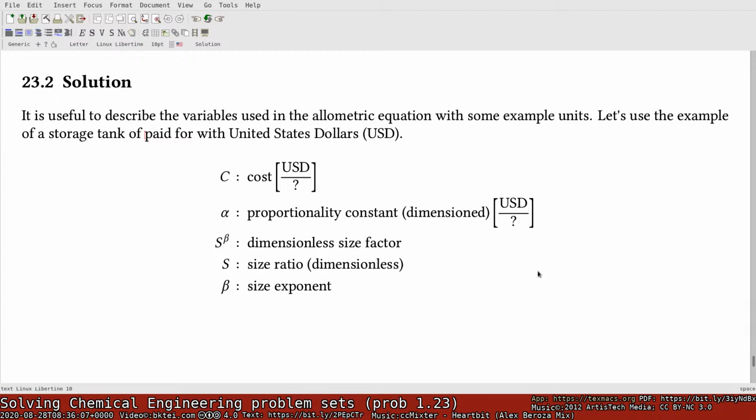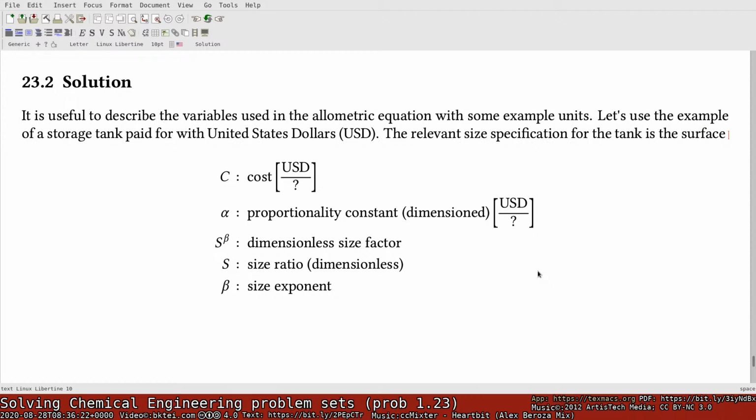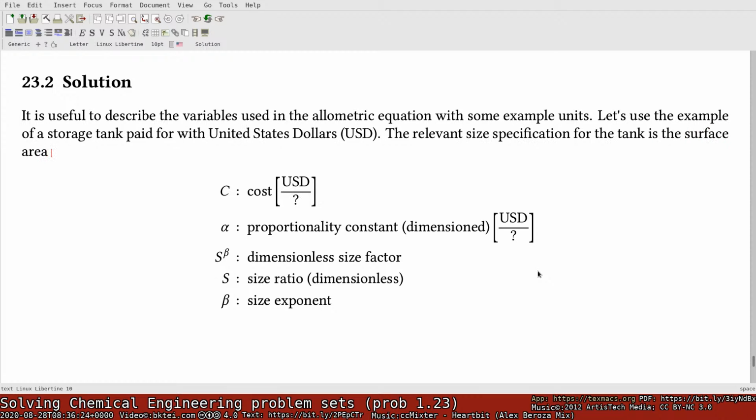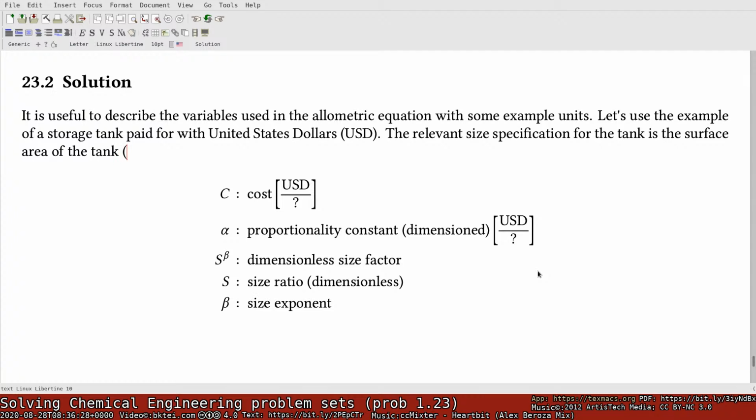The principal or the relevant size specification for the tank is the volume of the tank. And let's give it a unit. Let's call it meters. Let's call that cubic meters.